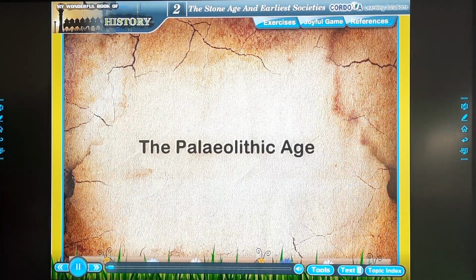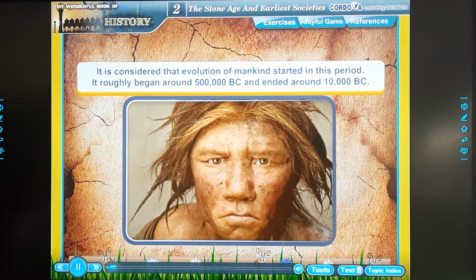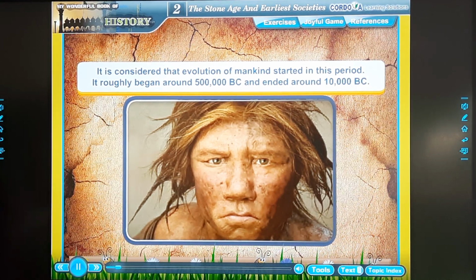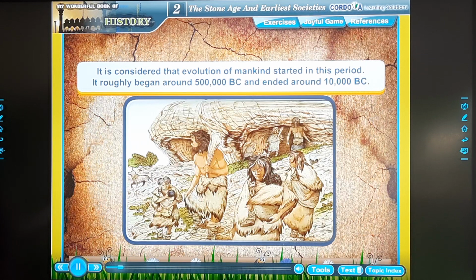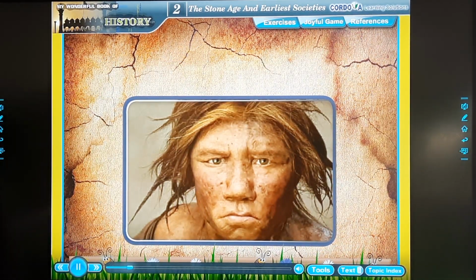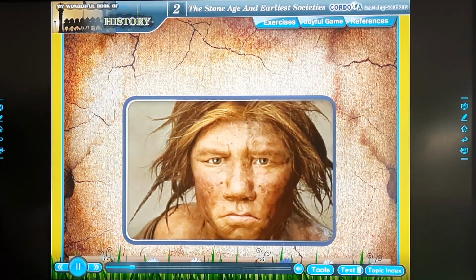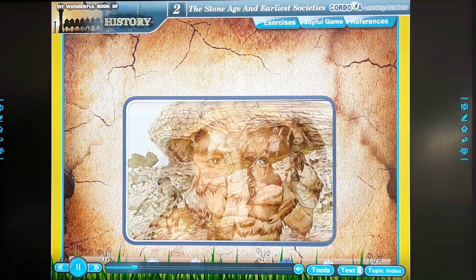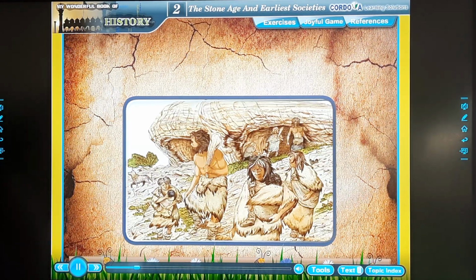The Paleolithic Age. It is considered that evolution of mankind started in this period. It roughly began around 15,000 BC and ended around 10,000 BC. This period is further subdivided into three phases on the basis of changes in climate and stone tools used.